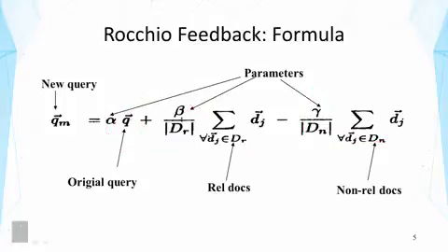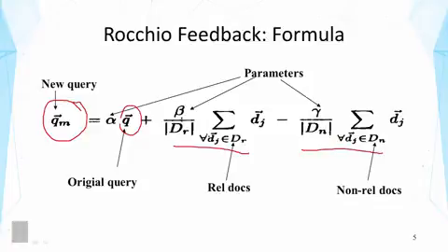And after we have done this, we will get a new query vector which can be used to score documents. This new query vector will then reflect the move of this original query vector toward this relevant centroid vector and away from the non-relevant centroid vector.